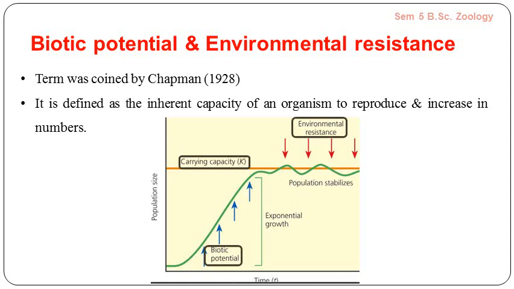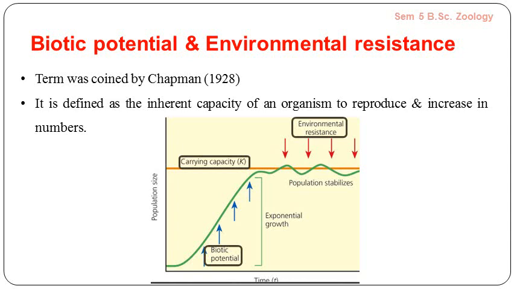So carrying capacity can be defined as the population size, or you can say the maximum number of individuals that can be supported by a particular ecosystem. What is it that supports the individuals?